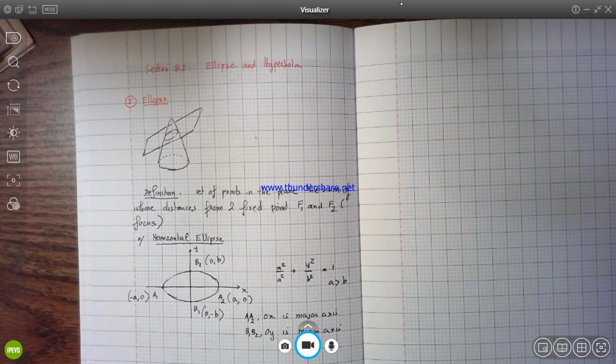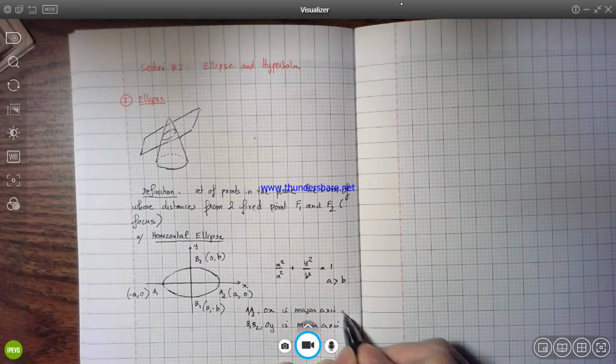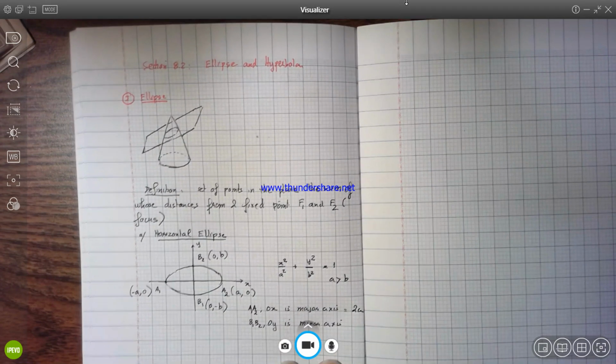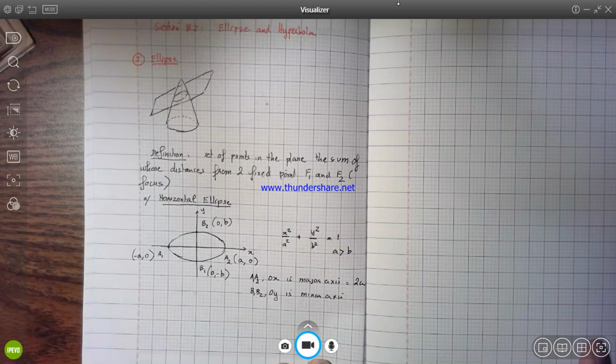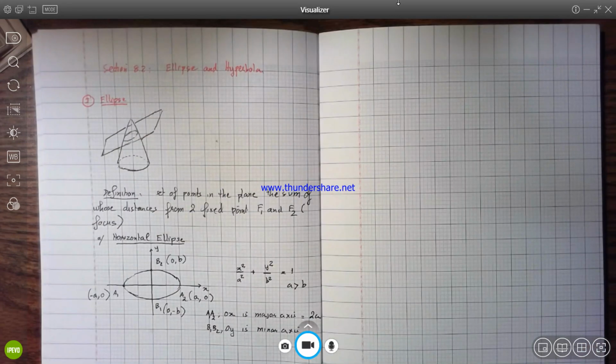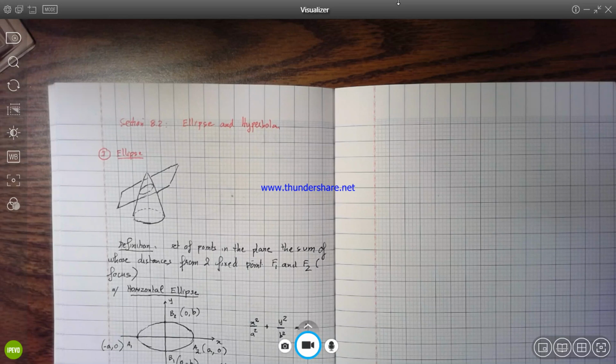And because A1, A2 is the major axis, the length of this major axis will be what? 2A. So if they ask you to find the major axis, you just need to multiply A by 2. And B1, B2 will be what? B1, B2 will be 2B.